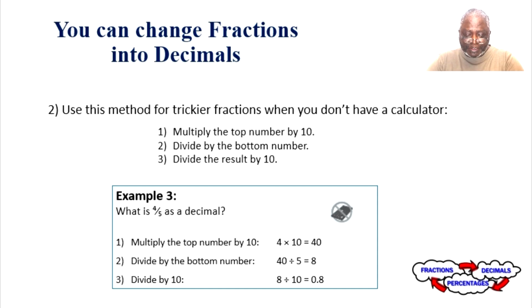Multiply the top number by 10 and then divide by the bottom number, 5. So 4 times 10 is 40, and then 40 divided by 5 is 8. But you cannot leave it as the whole number 8. Why? Because 4/5 is not a whole number, it's less than 1. So divide again by 10 and that will convert it into a decimal.